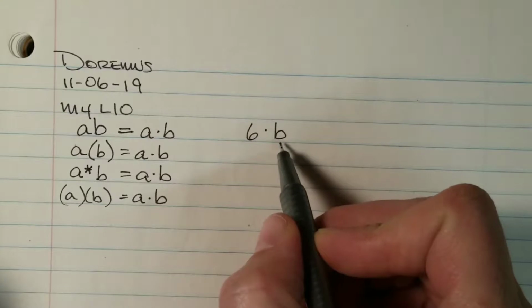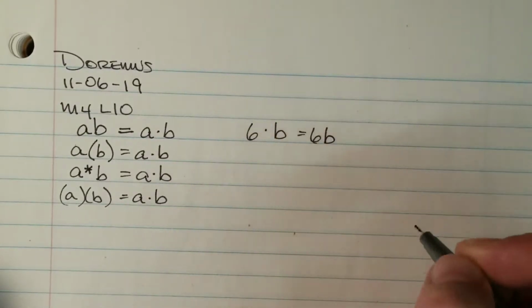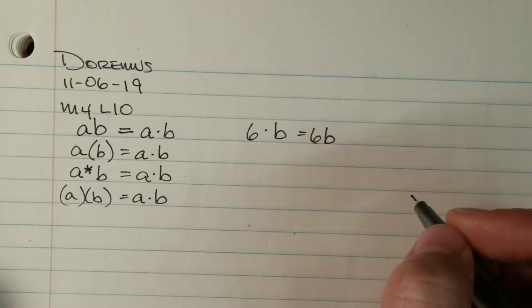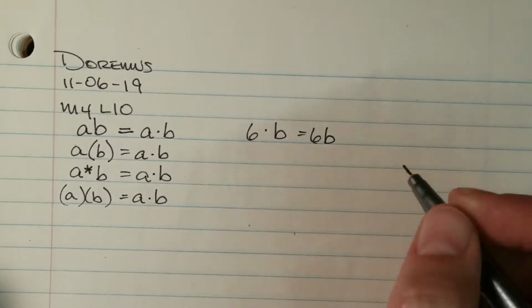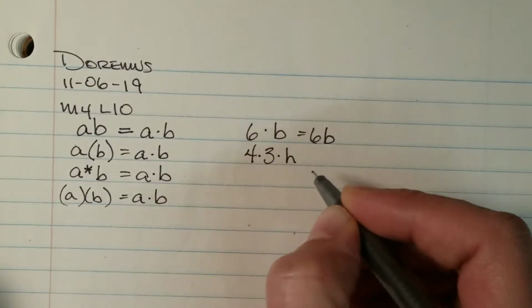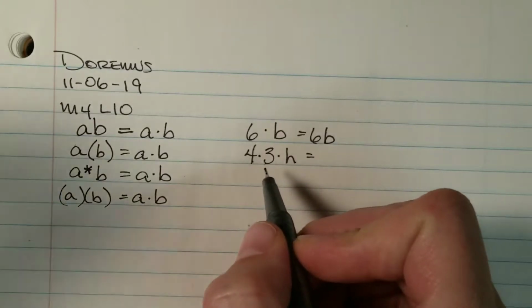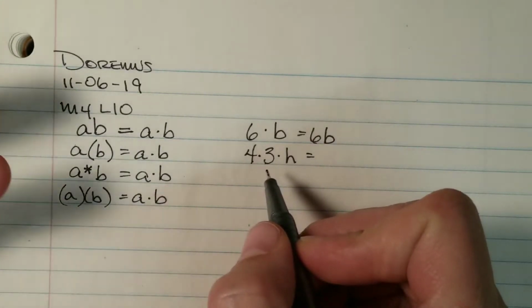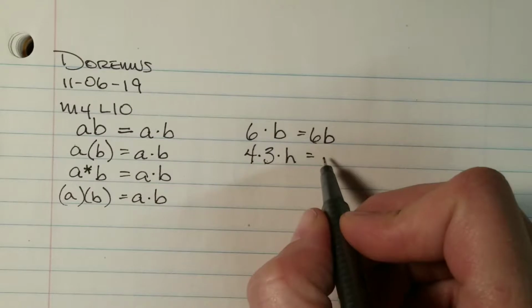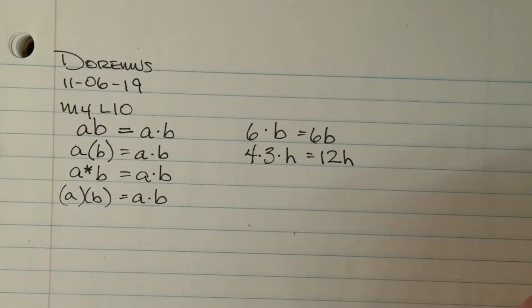Instead of 6 dot B, we're going to just put 6B. Fair enough? If you come across something and it says 4 times 3 times H, we can combine the 4 and the 3 because they're the same stuff. So 4 times 3 is 12, and then 12 times H.